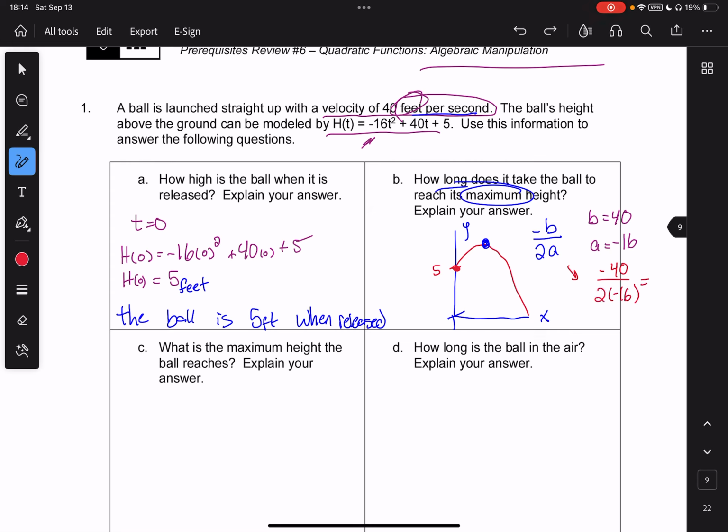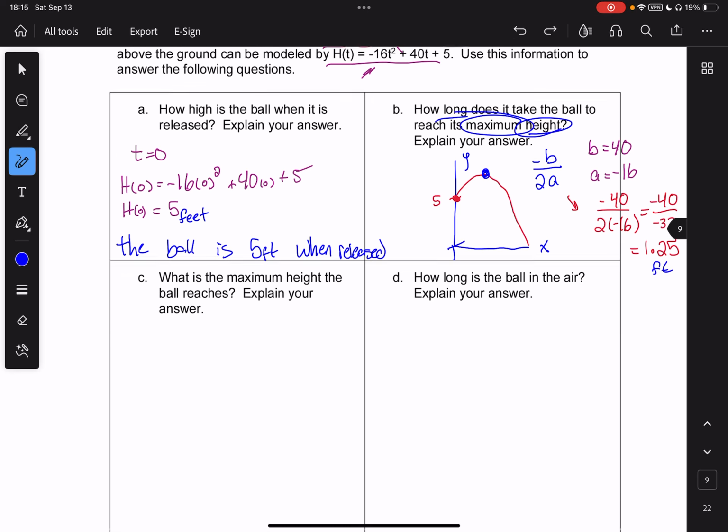So this becomes negative 40 over 2 times negative 16, negative 32, which simplifies to 1.25. And remember, units. We always have to remember units. Especially when they indicate units, you have to write the units. So for this, how long does it take to reach the maximum height? We're talking about time, so it's going to be 1.25 seconds.